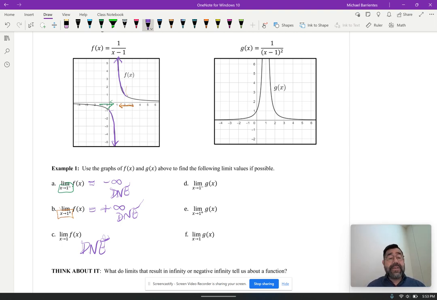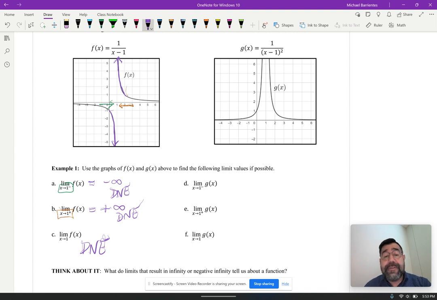It has to be DNE because it's asking me from both sides, but both sides are doing something different. Now, individually, each one-sided limit could be expressed as negative infinity as long as you understand that the limit doesn't really exist, but we know that it has unbounded behavior. Unbounded behavior means that it's not trapped. It just keeps growing, whether it's positive or negative.